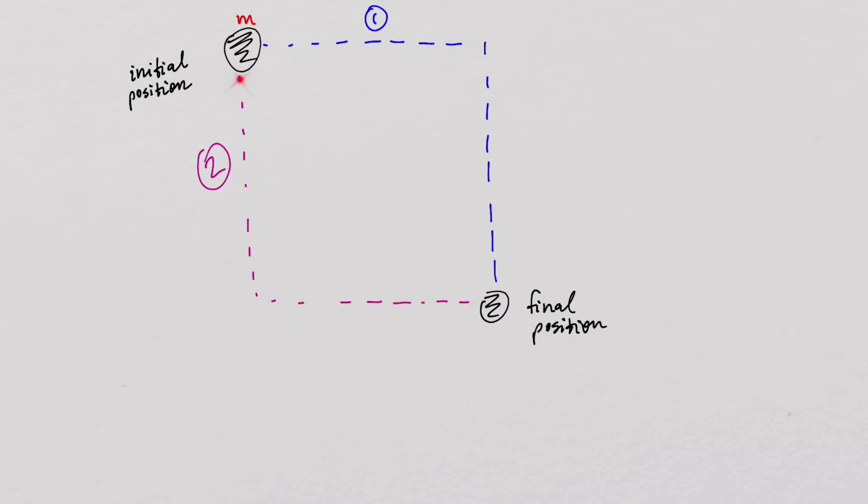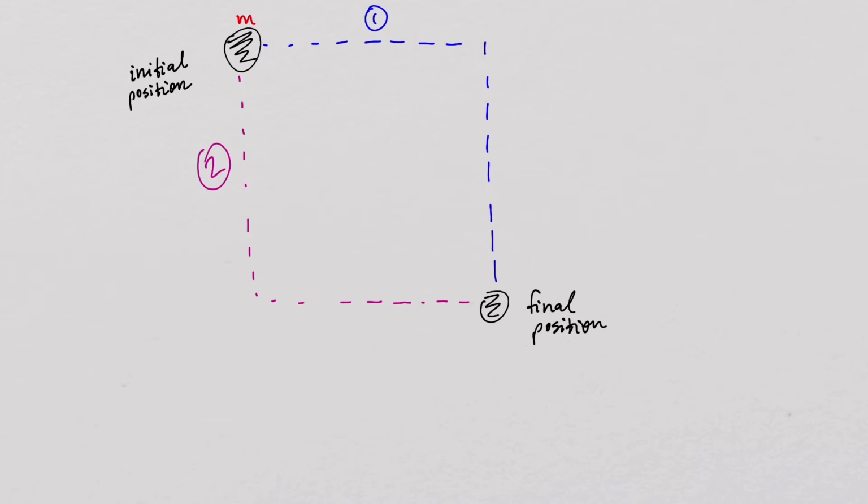So, the vertical displacements along paths 1 and 2 are equal in magnitude, and since the applied force and the gravitational force remain constant, the work done as the object moves along path 1 from the initial to final position is equal to the work done as the object moves along path 2 from the initial to the final positions. So this illustrates, in a very idealized situation, the meaning of the independence of path for the work done by the applied force.